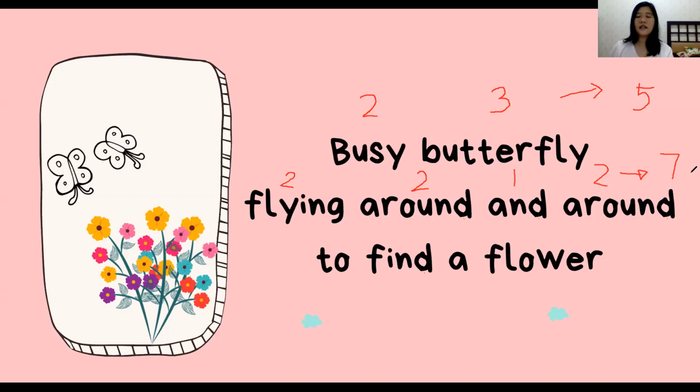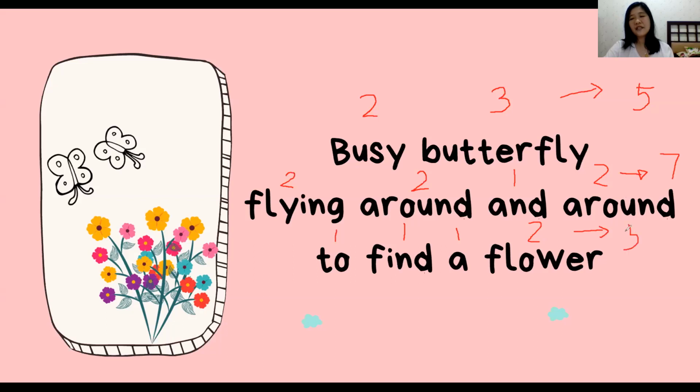Now let's try to check the syllables on the third line. Oh, it's 1. Find. It's 1 also. How about the flower? Flower. There are 2 syllables. Okay, now 1 plus 1 plus 1 plus 2 equal?